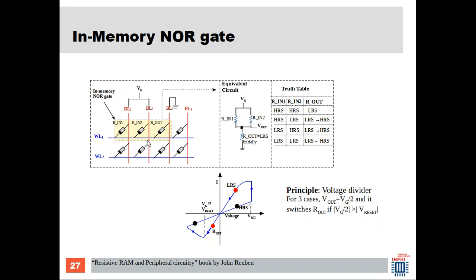And this output resistor, which is initialized to low resistance state, either switches or it remains the same. And so this is a NOR gate truth table, where the data logic 0 and logic 1 are the high resistive state and the low resistive state.